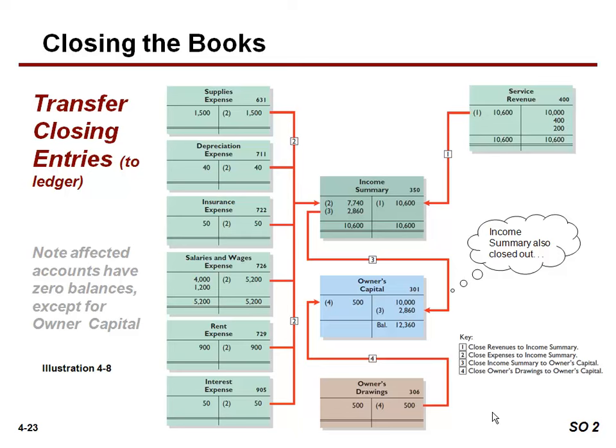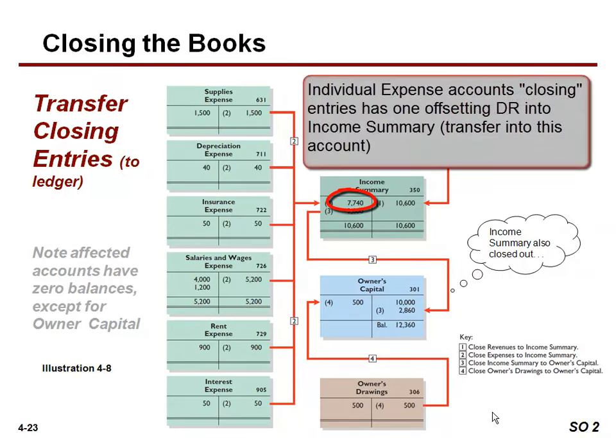And for all the expense accounts, whatever the balance was on the debit side, the closing entry credits those accounts, rendering the total debit entries and total credit entries to be equal. That is, each individual expense account, after the closing entry is posted to the ledger accounts, is zero. The income summary debit offset, $7,740, is seen as a debit in the income summary account.